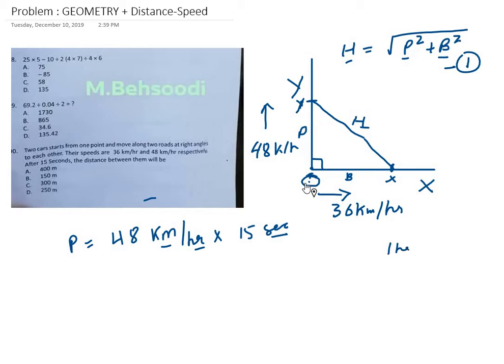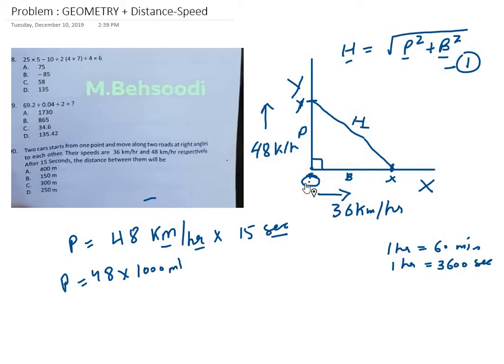So how many seconds does 1 hour have? This you can remember. 1 hour has 60 minutes and each minute has 60 seconds. So 60 into 60, 3600 seconds. An hour has 3600 seconds. So perpendicular P will be 48, and to convert kilometers into meters, 1 kilometer has 1000 meters.